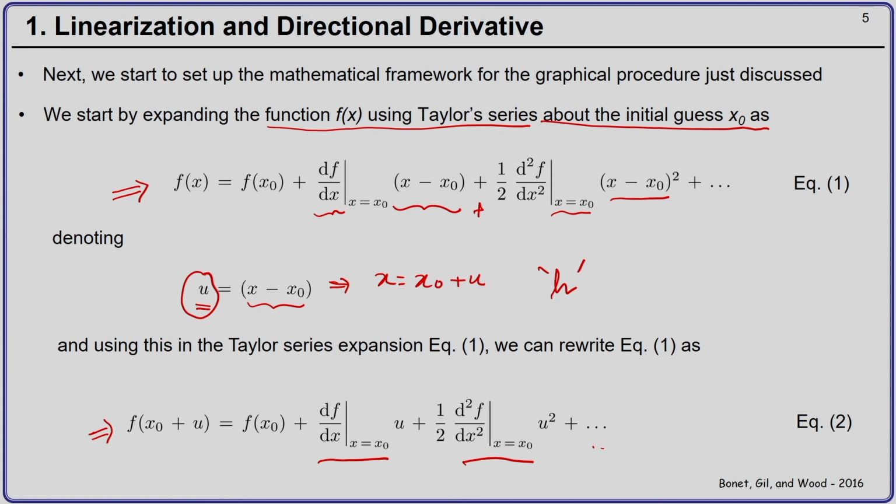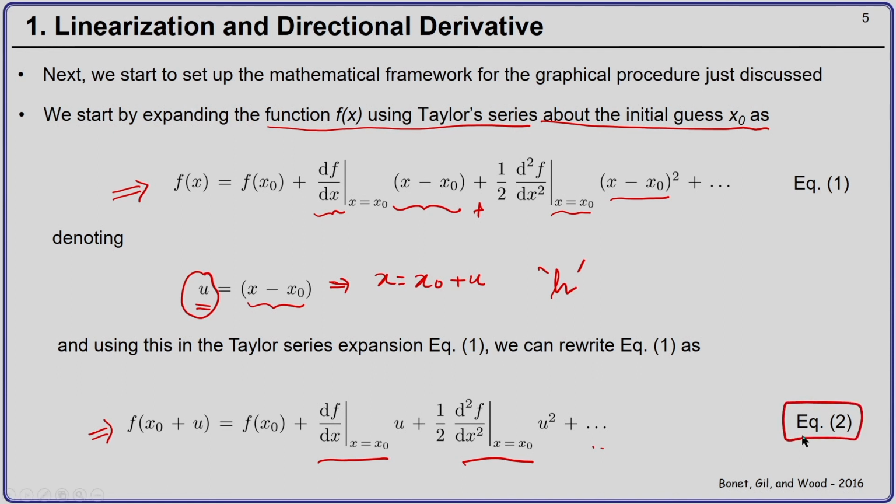So, if you use this symbol here, it is much easier to understand later, because instead of the scalar u we will have a vector u, which will be in bold. So, you get this equation 2 over here.